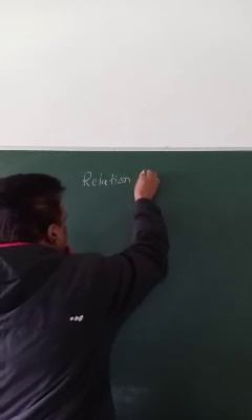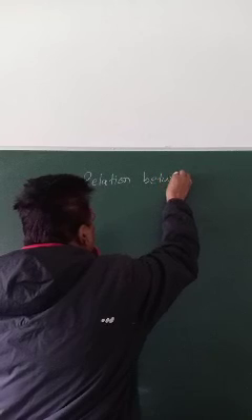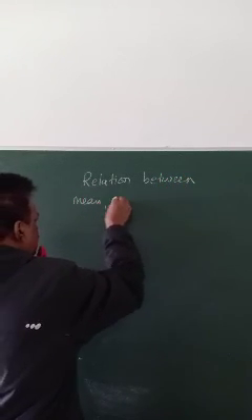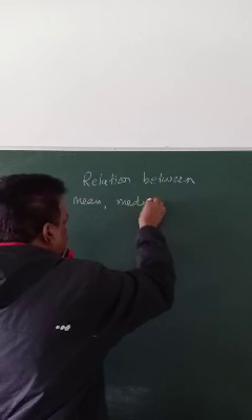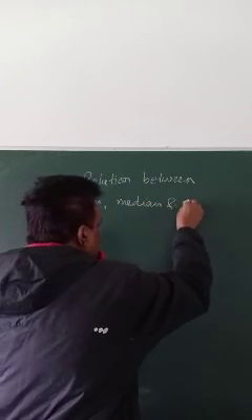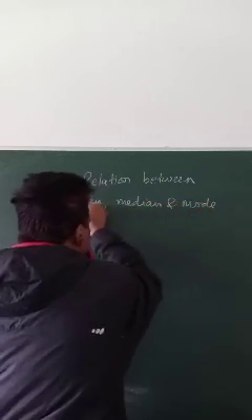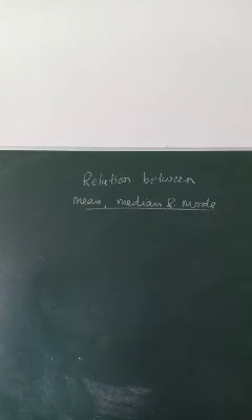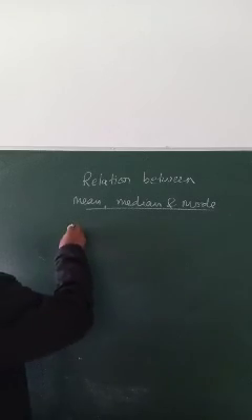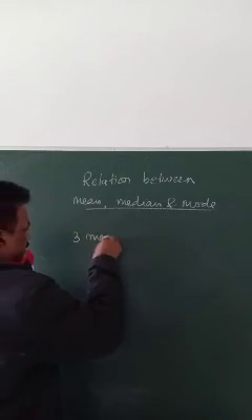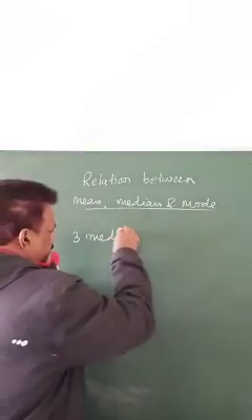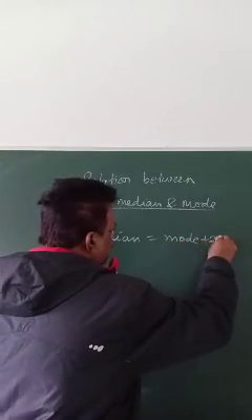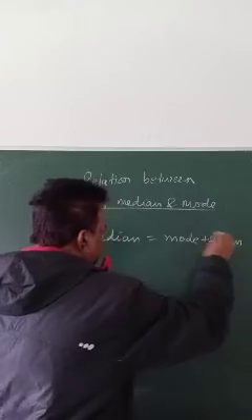So this is an important short question for you. Write down: 3 median equals mode plus 2 mean. 3 median equals mode plus 2 mean. This is a very important formula.